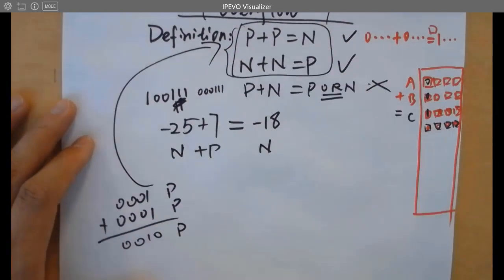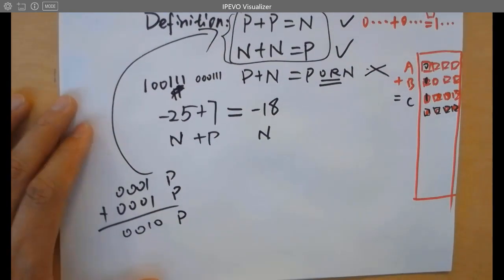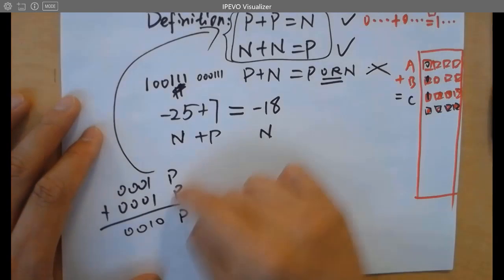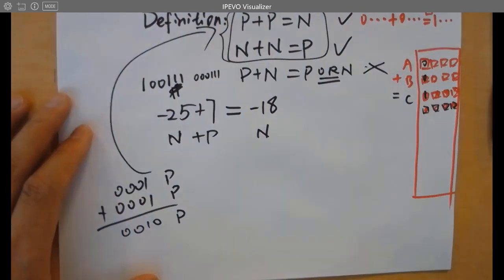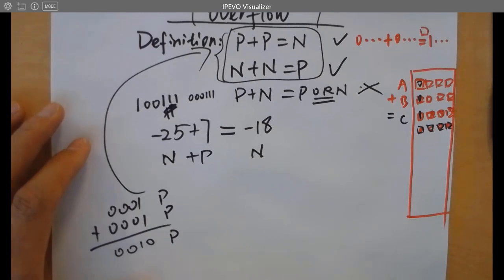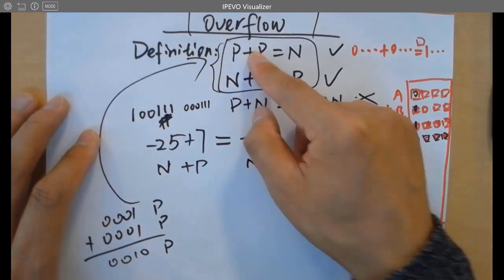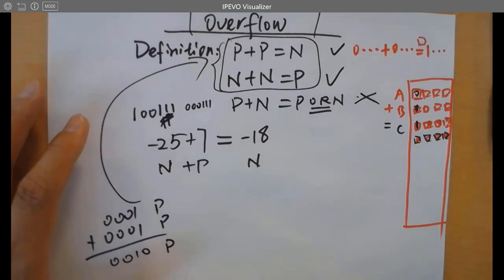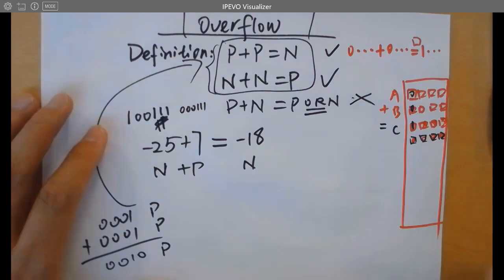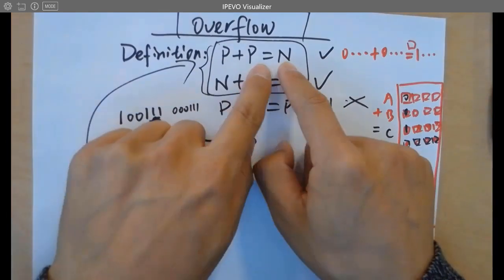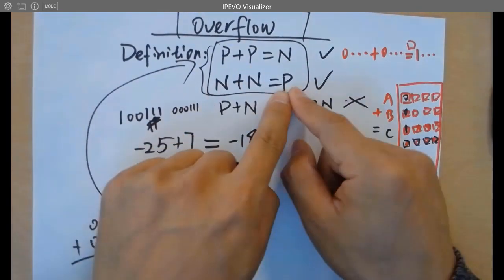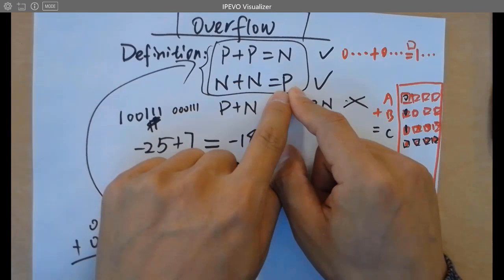Does this one satisfy any of these two conditions? P plus P is P. So what are the only two conditions for overflow? P plus P, you got an N; N plus N, you got a P. Which means it's wrong. P plus P, how can I get an N? It's wrong. N plus N, how can I get a P? It's wrong. P plus P and P, this is right. P plus P, you can get a P.